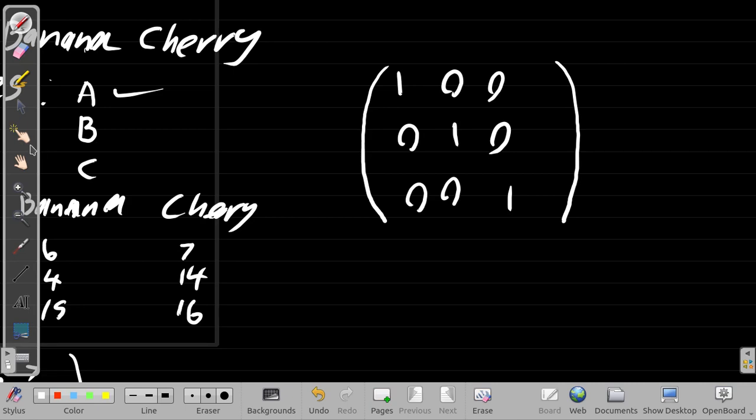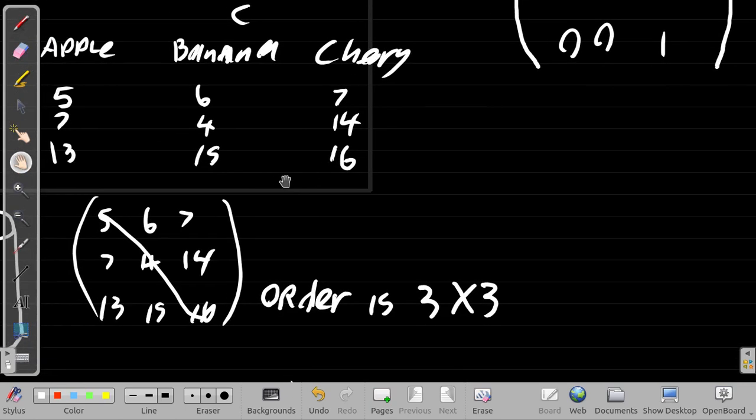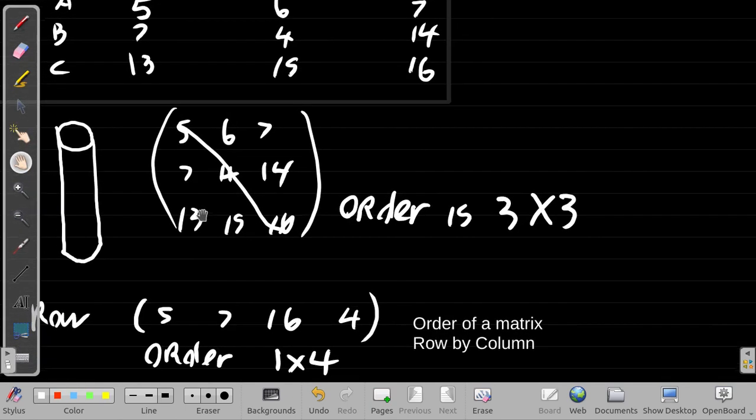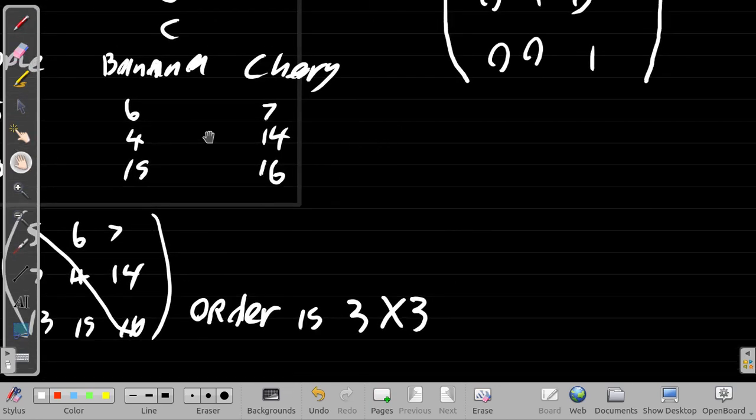Now, the thing is, when you give matrices a name, because sometimes you have to refer to a matrix over and over again, it doesn't make sense to write open bracket 5, 6, 7, 7, 4, 14, 13, 15, 16, close bracket every time. Just give it a name. What you have to do is give it an uppercase letter.